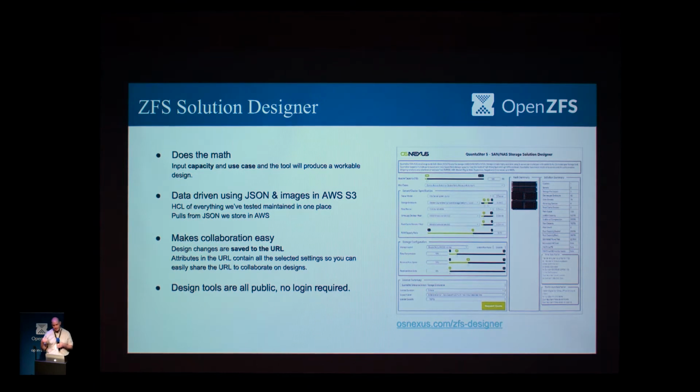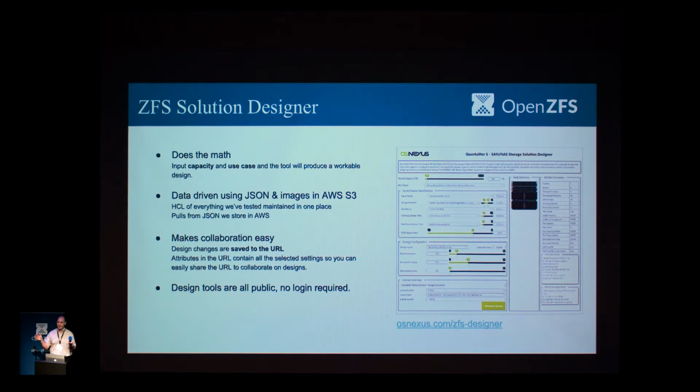I got some help getting this started, and I've been hacking on this utility for the better part of a year now. It does all the math, which means that as you increase the size, it increases the number of drives in increments of the VDEVs. It lets you choose the number of JBODs, but it also makes it easier for the end user.